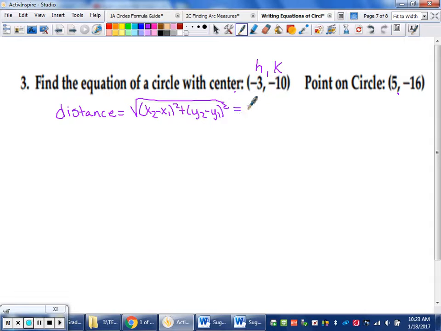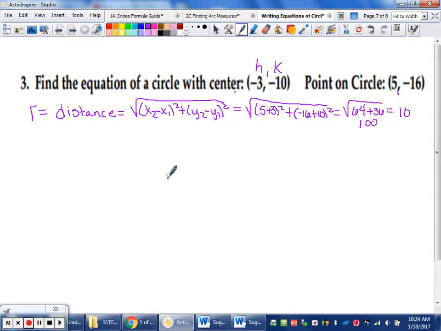So when I plug all that in, it'd be the square root of 5 minus a negative 3, so plus 3 squared, plus negative 16 minus a negative 10, so plus 10 squared, which would come out to be 5 plus 3 is 8, squared is 64, plus negative 16 plus 10 is negative 6, squared is 36. 64 and 36 is 100. Square root of 100 is 10. So there's my radius. My radius is 10.